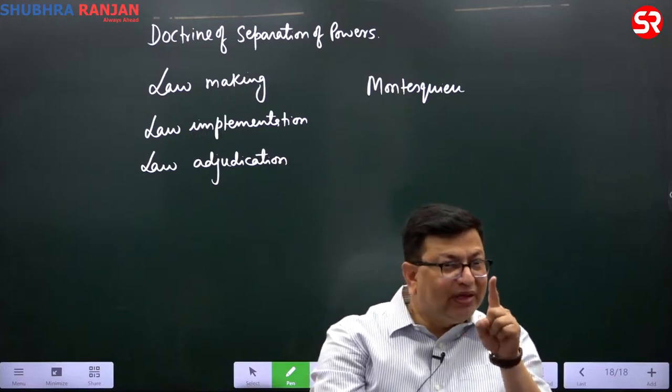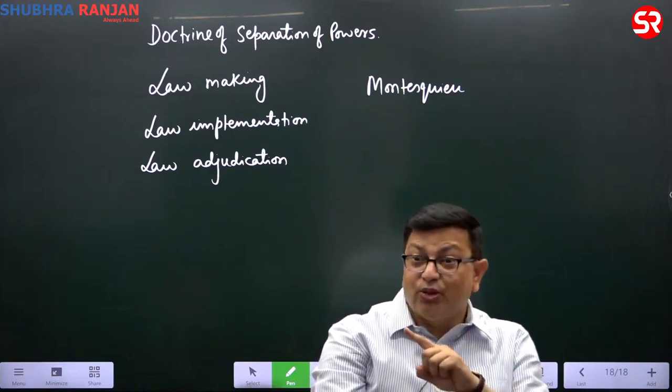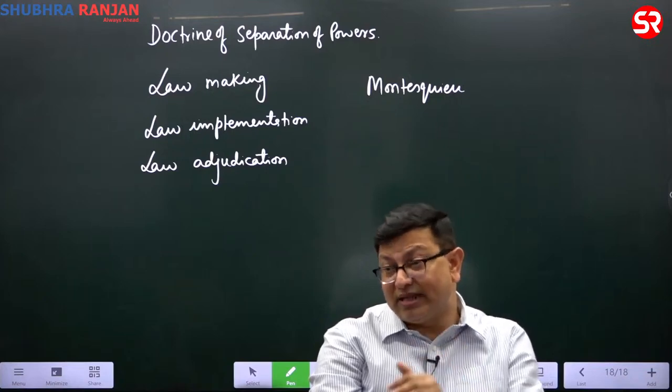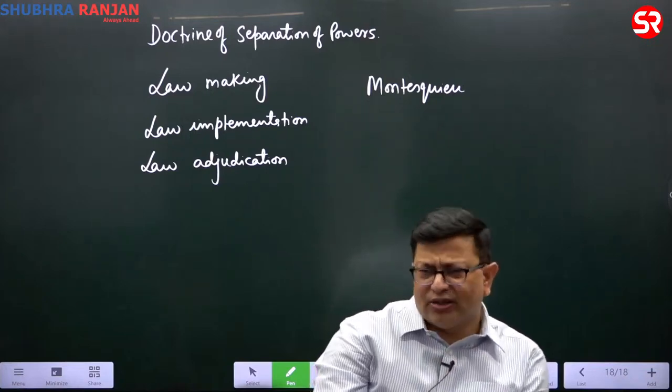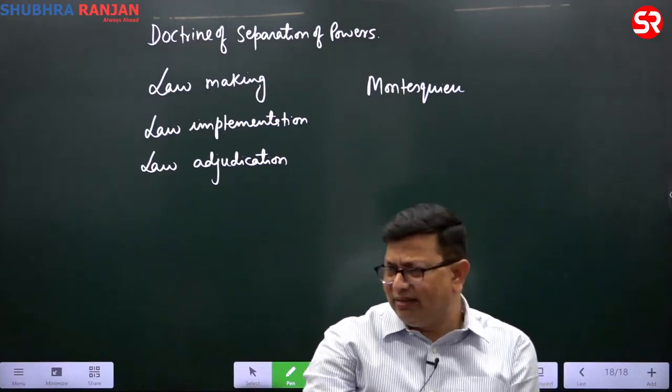So the executive will not try to influence the judiciary. The judiciary will also not interfere, under, we can say, normal circumstances. So in our country also there is a concept of separation of powers to some extent.